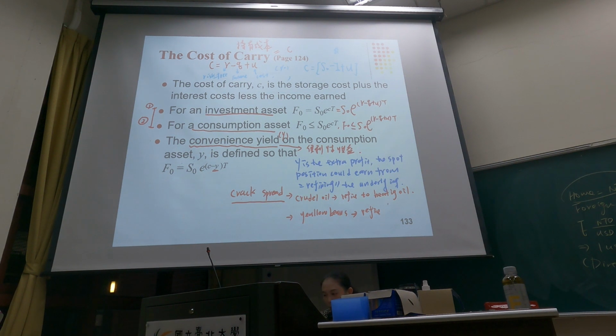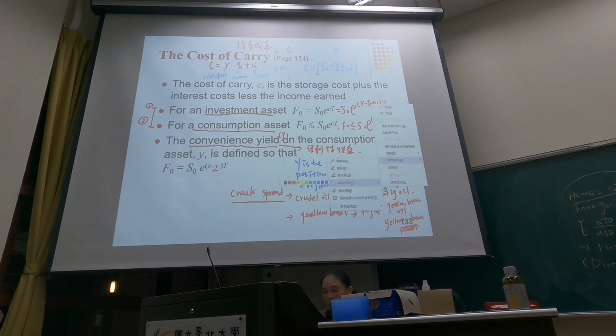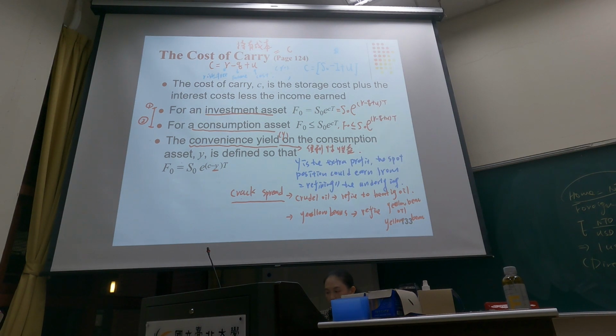So yellow bean oil, and yellow bean powder, becomes two products. So obviously it will be more valuable compared with the original ingredient, yellow bean only, right? Okay, so this is what we call crush spread.